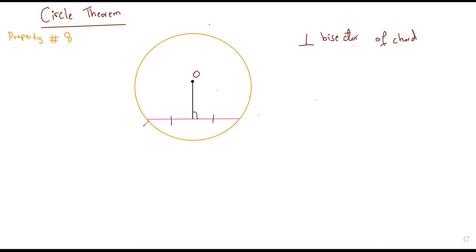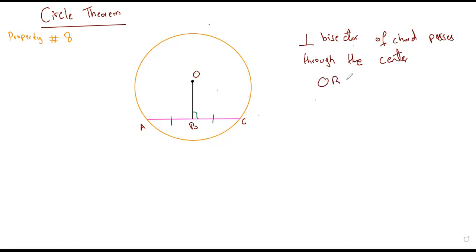This is O, this is A, this is C, and this is D. Passes through the center.